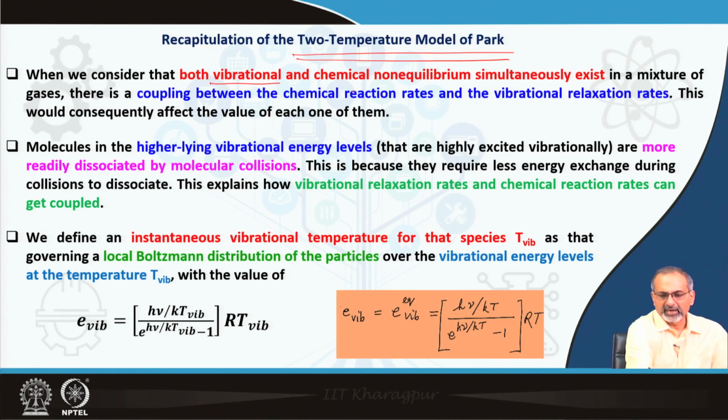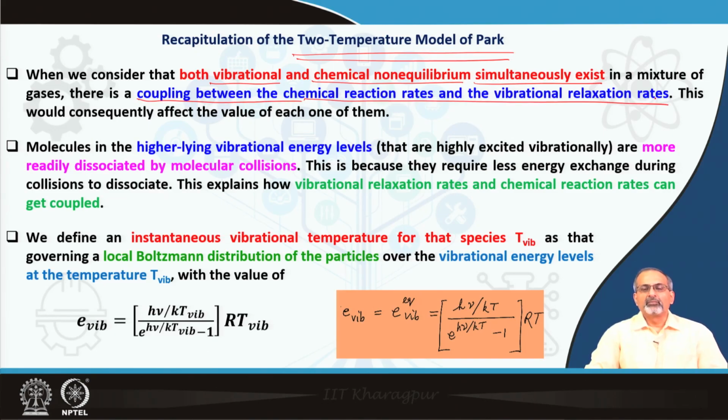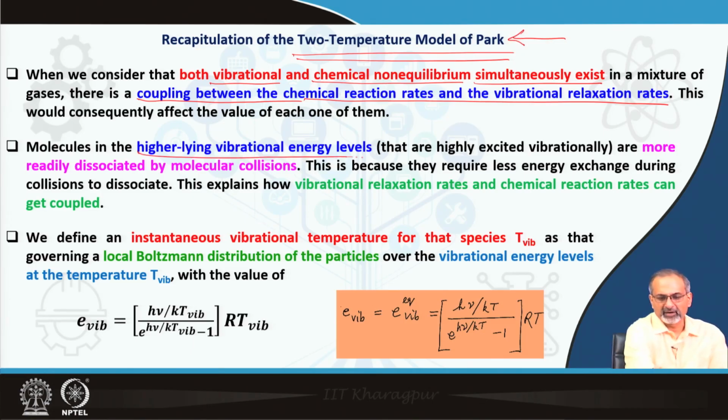Both vibrational and chemical non-equilibrium, when they simultaneously exist, would have to be suitably coupled and incorporated through the model that we are trying to use here, and Park has suggested a very elegant way of addressing the issue. The basic idea being that the molecules at higher lying vibrational energy levels, which are highly excited vibrationally, are more readily dissociated by molecular collisions.